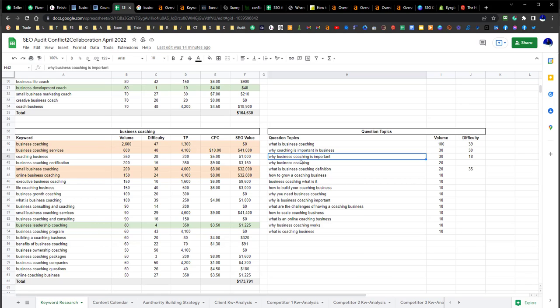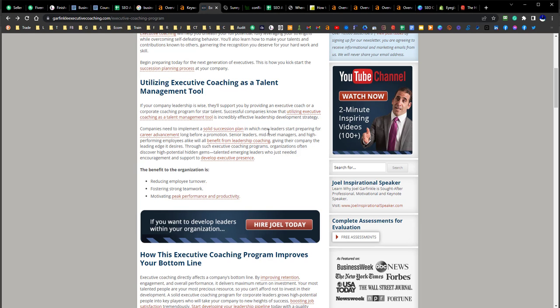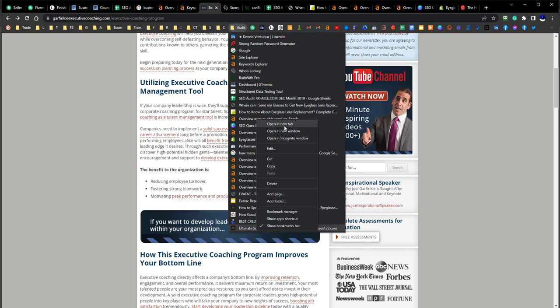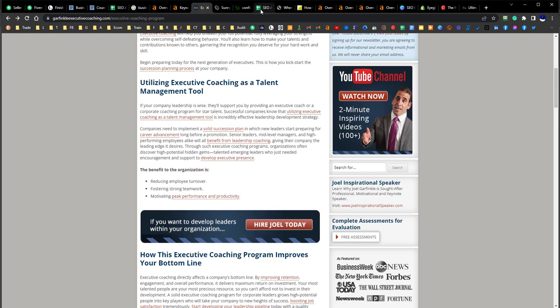So every one of these would be a topic that you would want to write about. In general, you want to make them somewhere around 1,000 words. And they need to be structured in the manner that we're showing you here, where they have the keywords sprinkled throughout. I'll show you a really well optimized example with another client that we're working with.